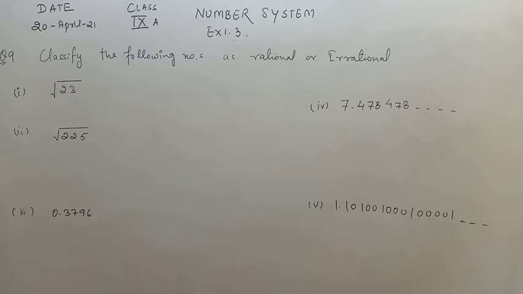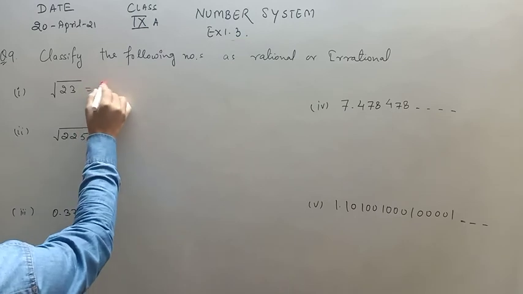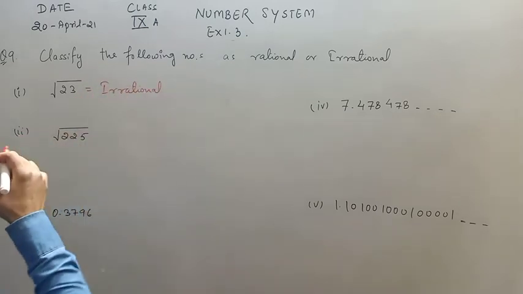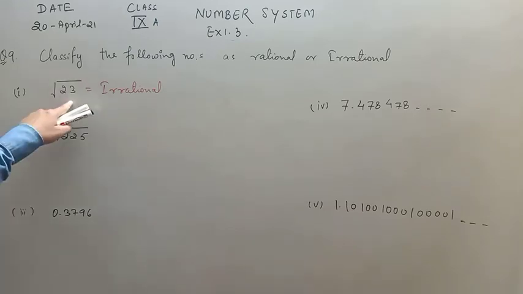Now the last question for the day is, classify the following numbers as rational or irrational. Okay, so root 23, because this number is in square root, so this is an irrational number. Without any confusion, any value which is written under square root, for example root 23, is irrational.